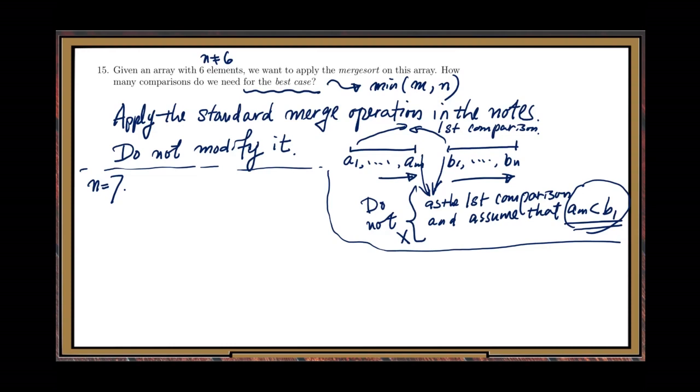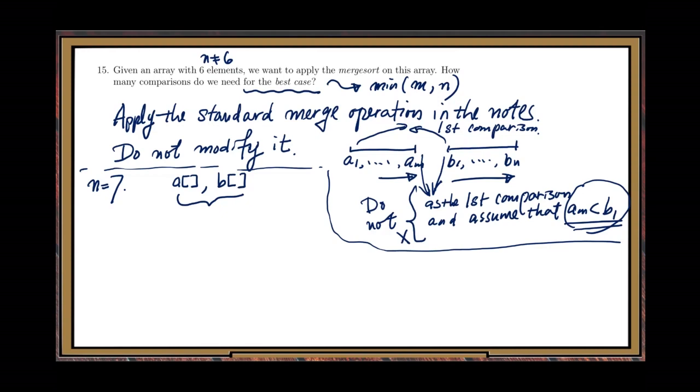Because when we do the merge, we have two arrays, an A subarray and a B subarray. When we do the merge operation here, I want to write this way.